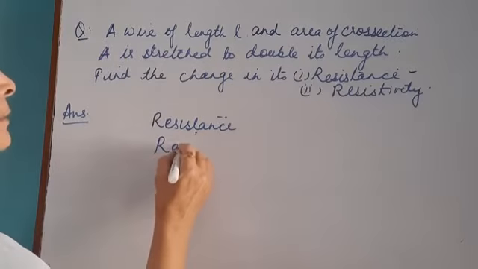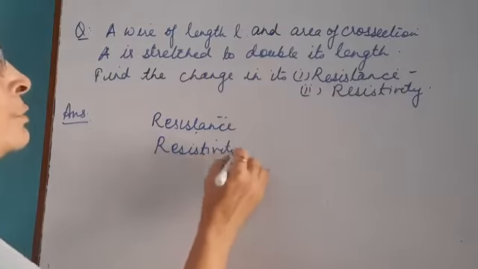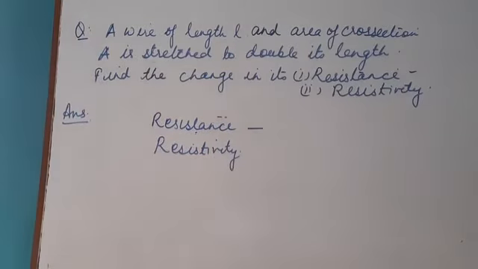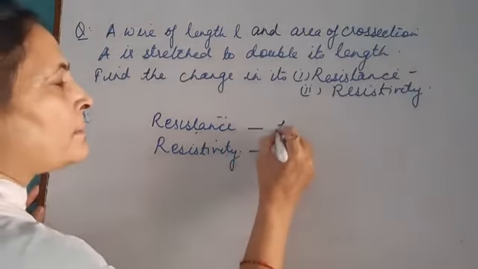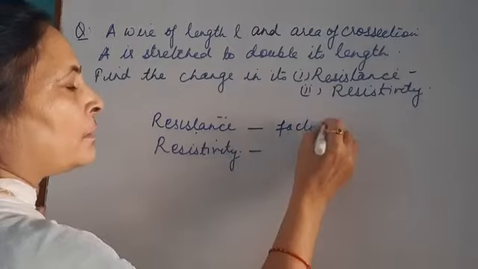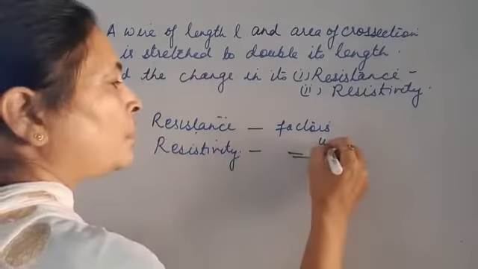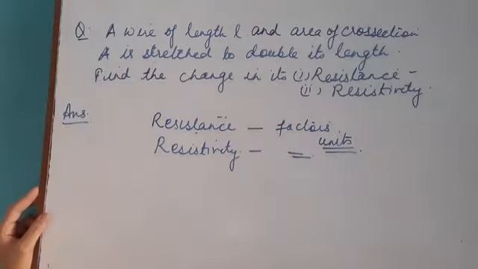Yesterday we talked about resistance and resistivity. We also talked about the factors on which resistance depends as well as the factors on which resistivity depends, and the units in which they are measured.